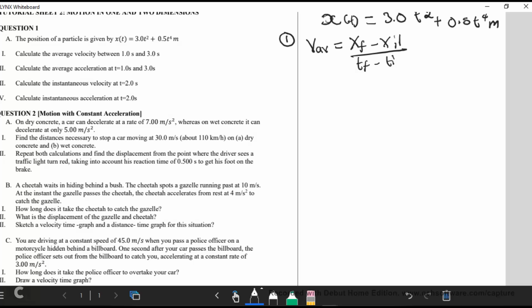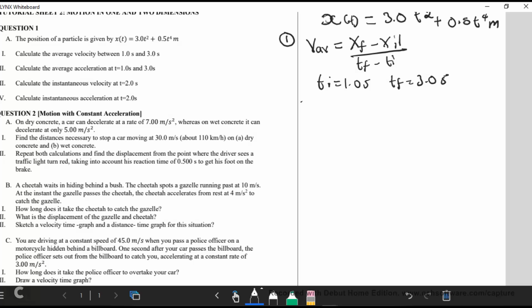So we have this time, which is 1 second and 3 seconds. Meaning that our initial time is 1.0 seconds, then our final time is 3.0 seconds, like that. So meaning that we need to find the displacement at this time, and also need to find the displacement at this time. How do you do that one?